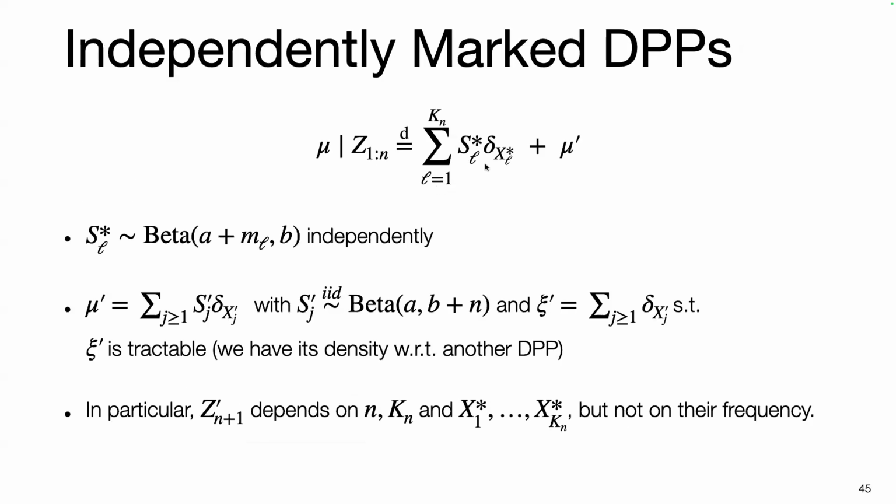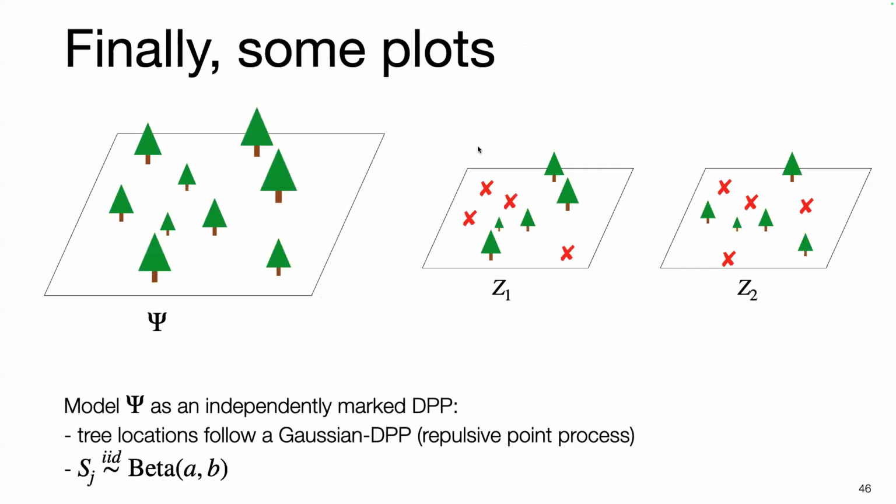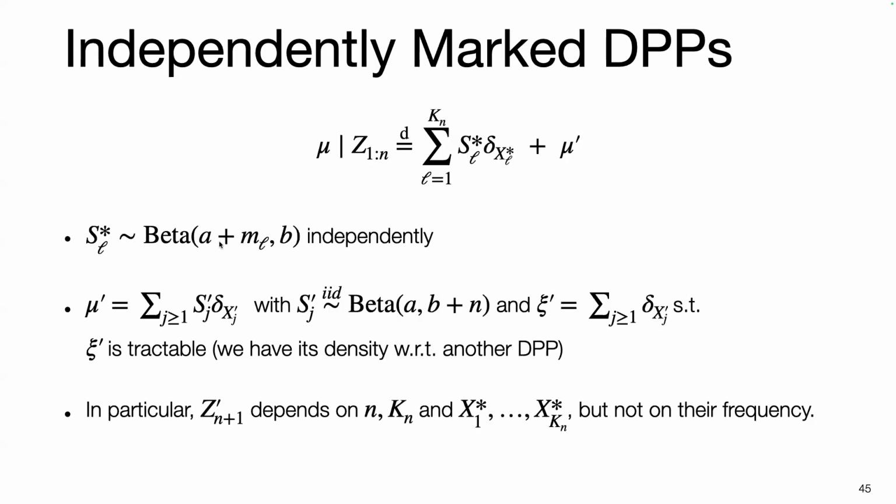So in this case, in the posterior expression, the S stars are independent beta random variables, while mu prime is independent of the S stars and is another independently marked point process with S prime j's i.i.d. beta random variables and support points that together form a point process with a tractable law, because we have its density in closed form with respect to another determinantal point process.